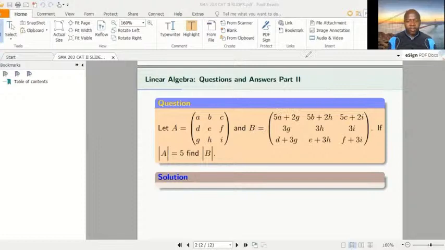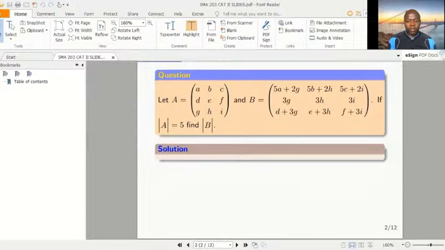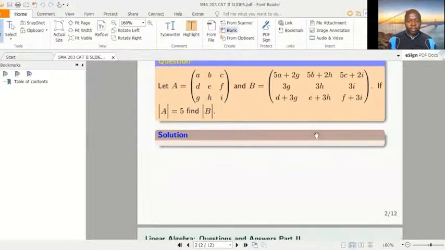So let's just look at what I'm saying we do. The B that we're given, let me begin by finding the determinant straight away. The determinant of B will be: 5 of A plus 2G, 5 of B plus 2H, 5 of P plus 2I.